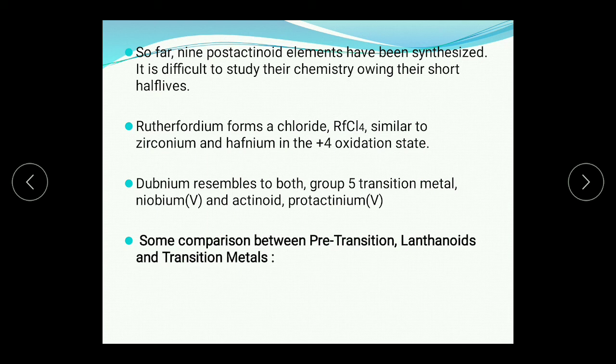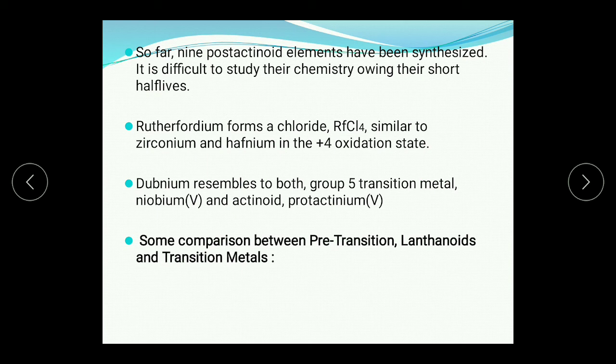Of the postactinoid elements, dubnium, that is Db, is similar to the group 5 transition metal niobium and the actinoid protactinium.